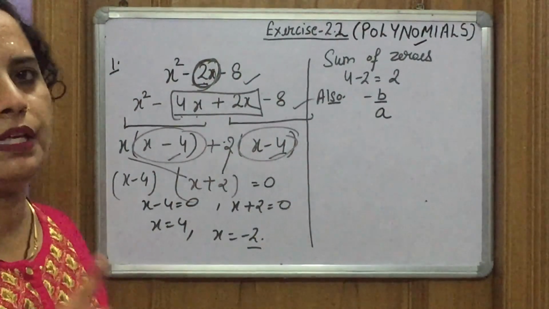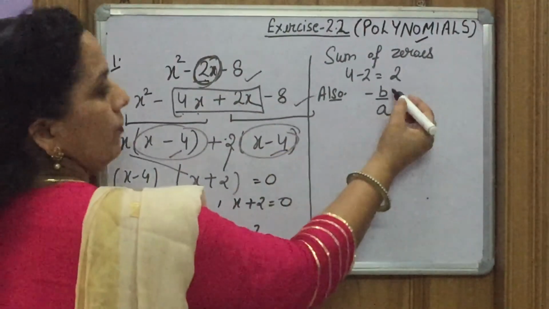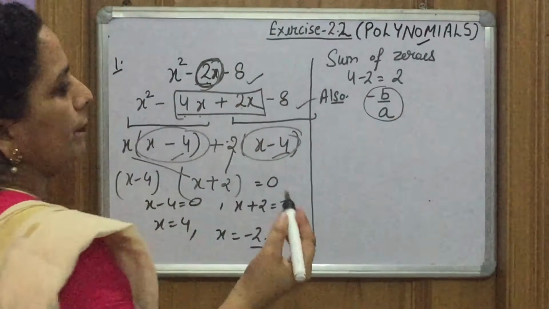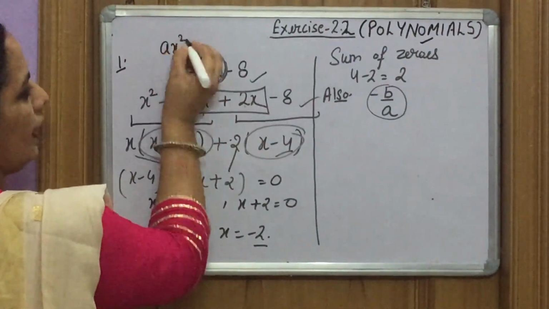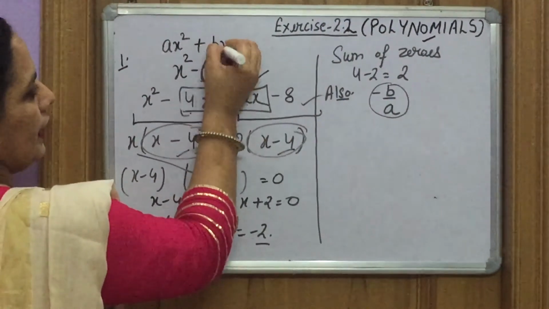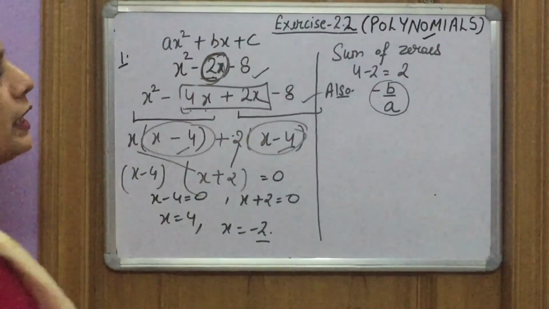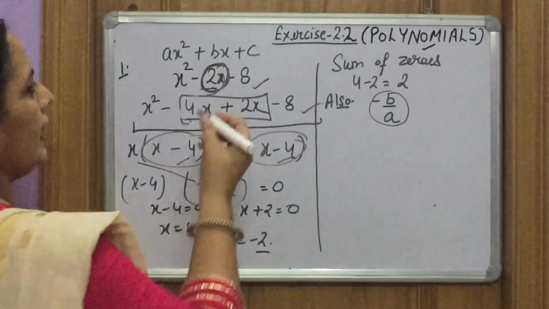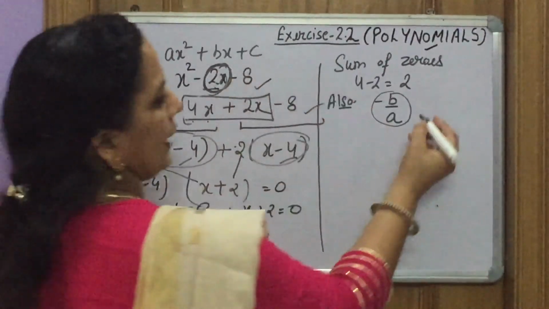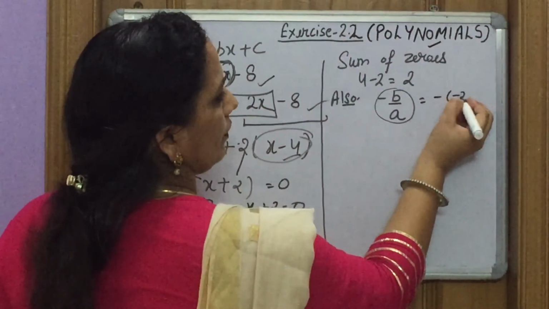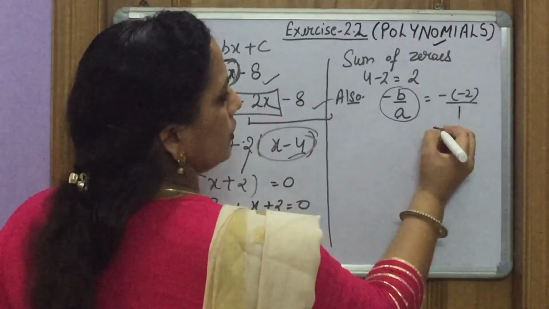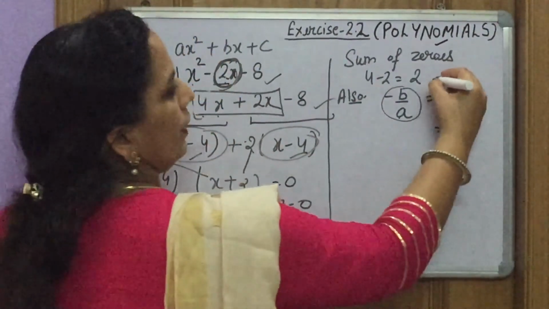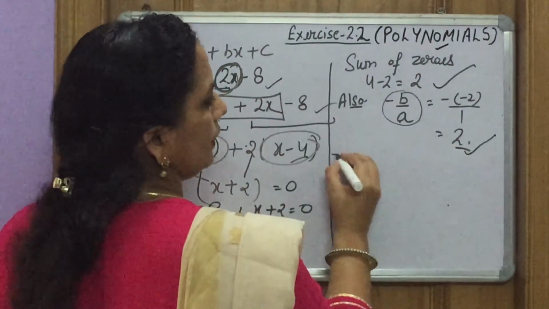What are the values of a, b, c? Compare the main quadratic equation with ax square plus bx plus c. Then we get the value of b is minus 2 and the value of a is 1. So the sum of zeros is equal.